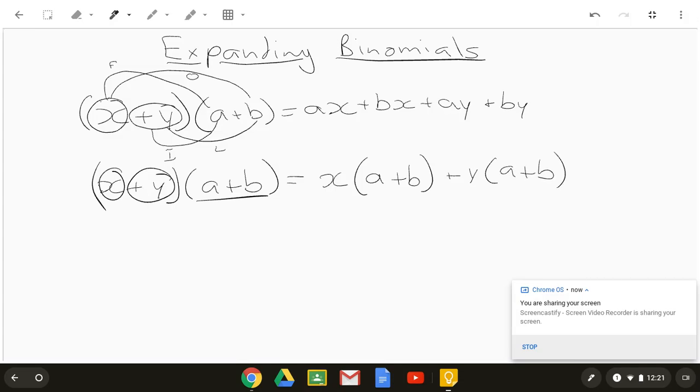We're still going to get the same result. It's just a slightly different way of doing it. So x times a is ax, x times b is bx, and so we've done that first bracket. Then y times a is ay, and y multiplied by b is by. So we've got the same in both sets of brackets.